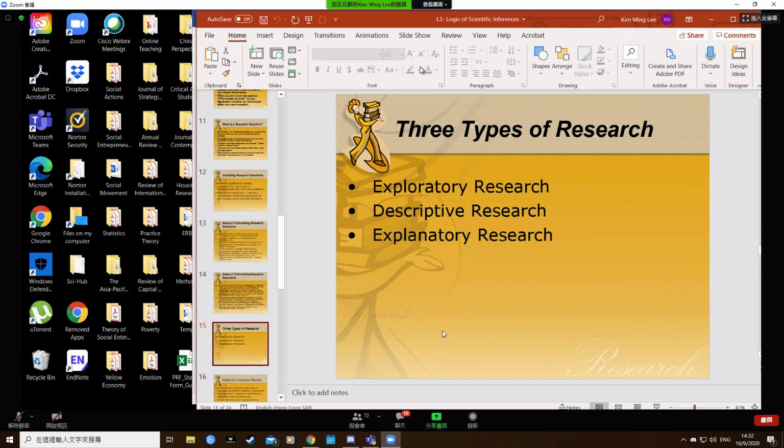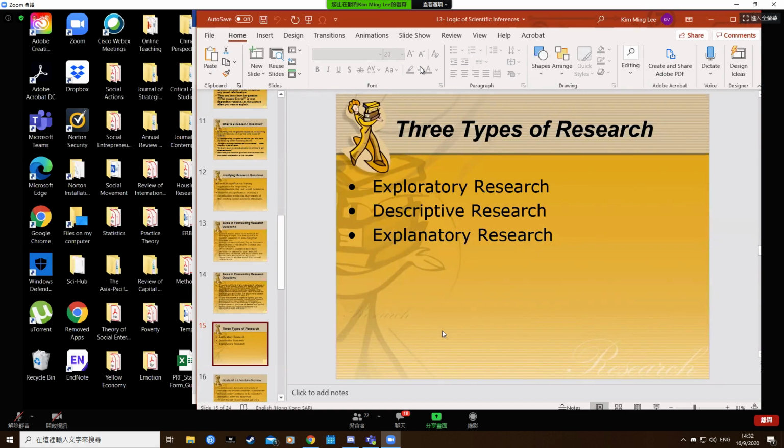But quantitative research can also be descriptive. For example, census. Census research is quantitative research. The government does a census every 10 years, and then a 5-year by-census. Okay, these census researches are actually quantitative research, but they are only descriptive, describing what happened to the whole Hong Kong population.